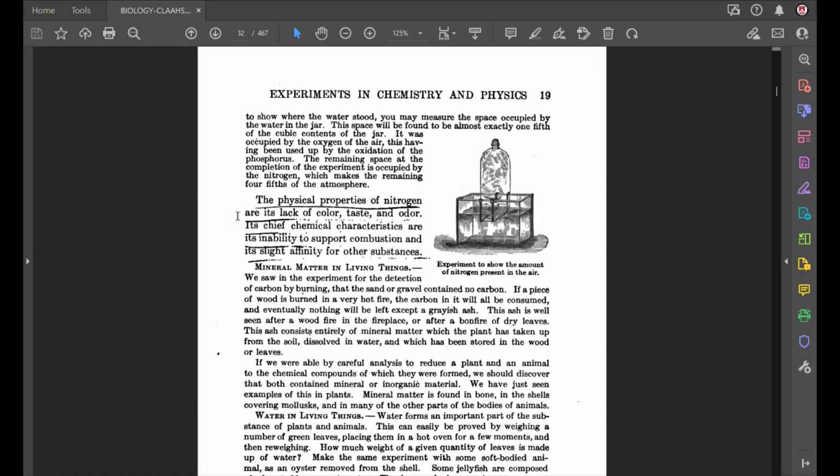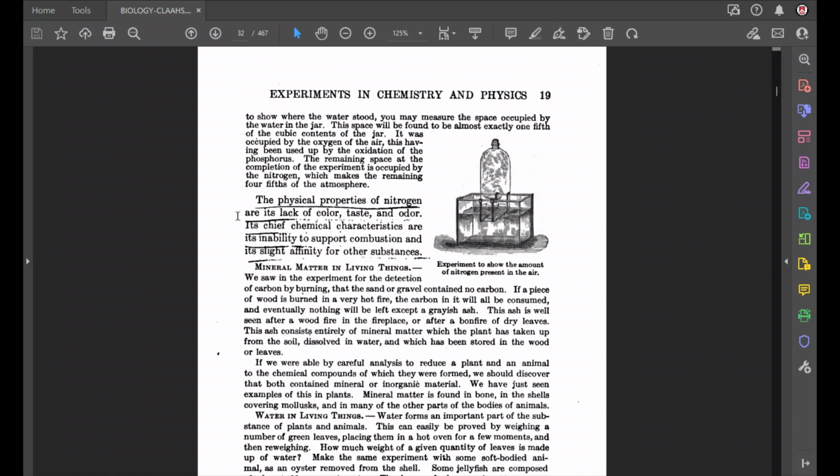So the idea there is that if you take a bowl or a dish of water and you take a bell-shaped jar and put the bell-shaped jar down into the water like this so that there's air trapped in the jar, and it says to put a piece of phosphorus inside the jar that's supported on a piece of cork, what will happen is the phosphorus will react with the oxygen that's in the air inside the jar and will consume that oxygen.